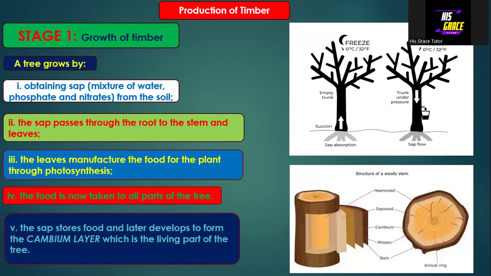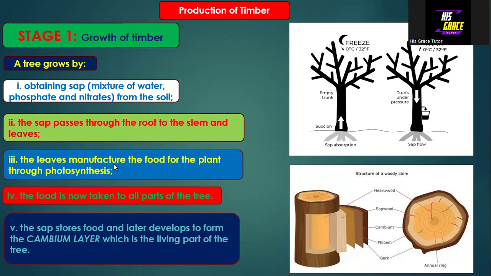Now, for a tree to grow, it has to obtain its food, in form of sap, from the soil. It obtains sap, which is a mixture of water, phosphate, and nitrate from the soil. Then the sap passes through the root to the stem and also to the leaves.